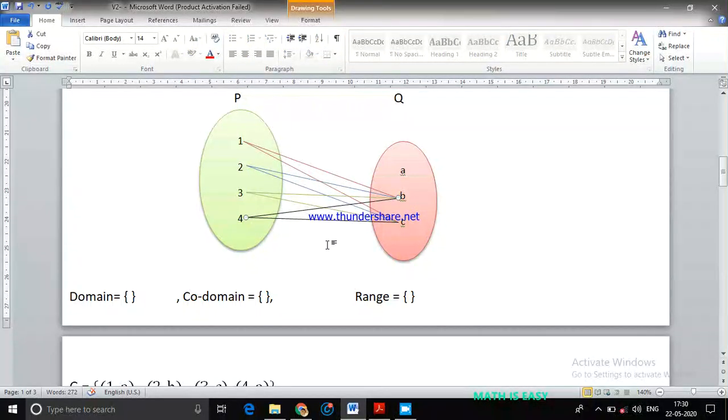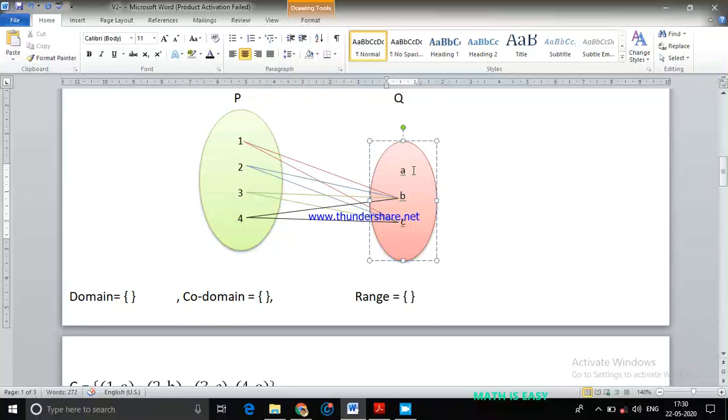So if you observe this question, one element has more images, like 1 has B and C as images. Okay. And in set Q, there are some elements which have no mapping at all.